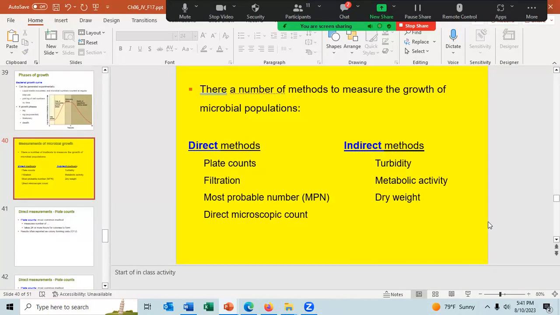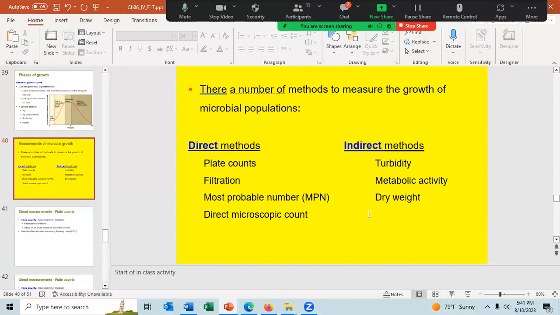All right, if not, let's talk about the different ways that cells can grow and how we can measure their growth. There are different methods we have for measuring the growth of microbial populations. There are direct methods and there are indirect methods.